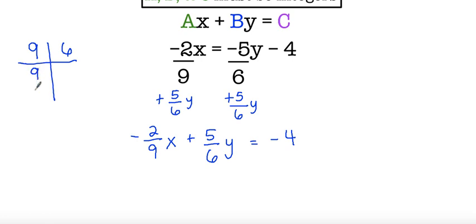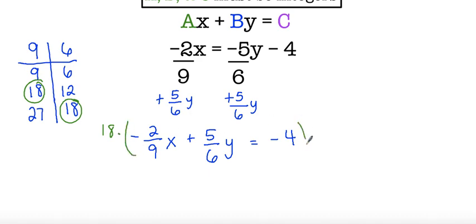So I have 9, 18, 27, 6, 12, 18, and find my least common multiple, which is 18. And so if I multiplied everything by 18, then I would no longer have fractions. So don't forget that you have to multiply everything by 18, not just their first term.